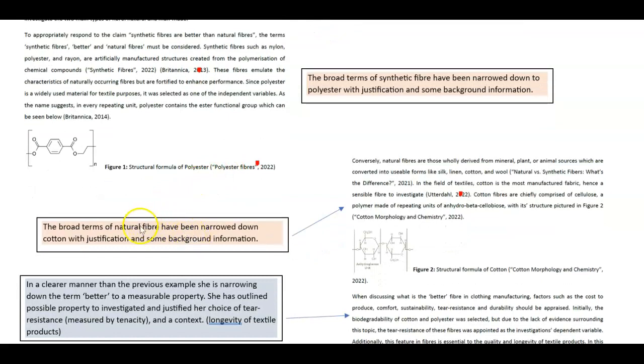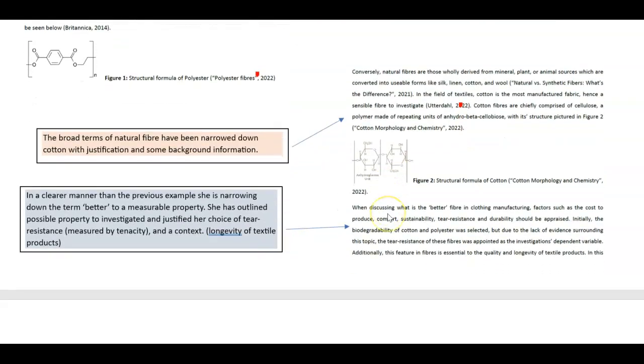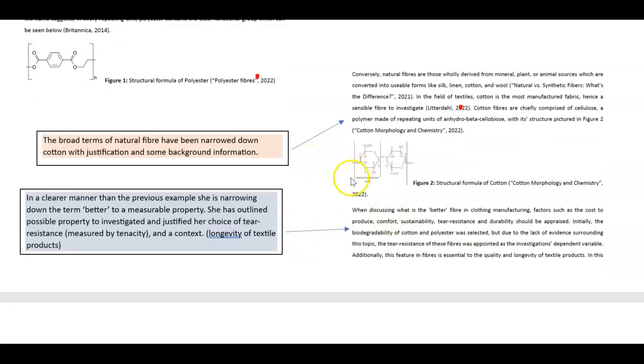Then she's narrowed down the broad term natural fibre down to cotton, given some background information on cotton in terms of structure and bonding, and then she's narrowed down the term better quite effectively, more effectively than the previous example.